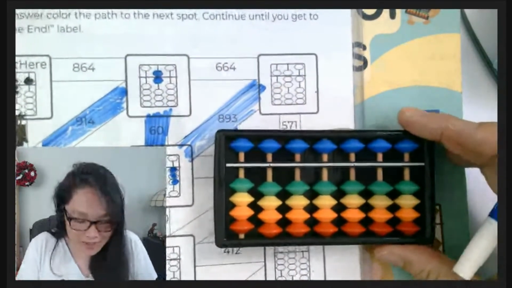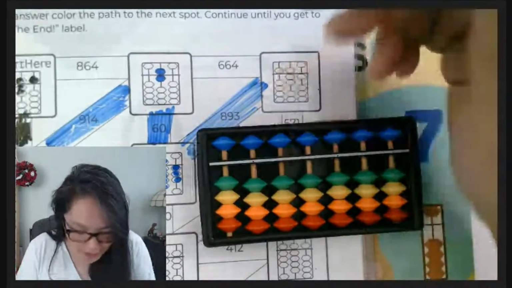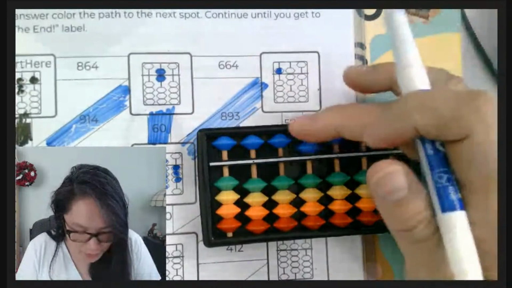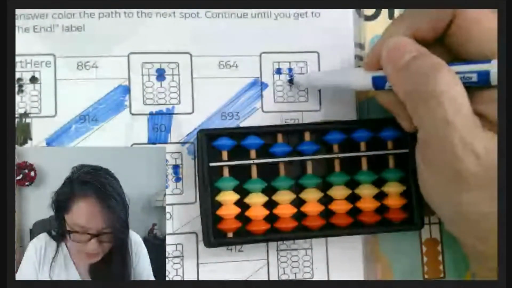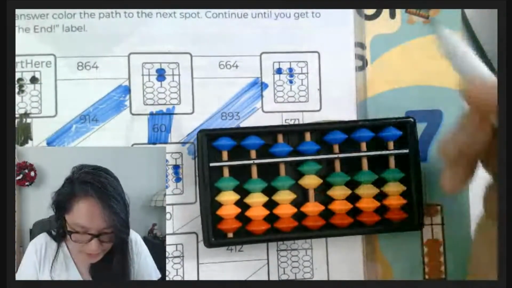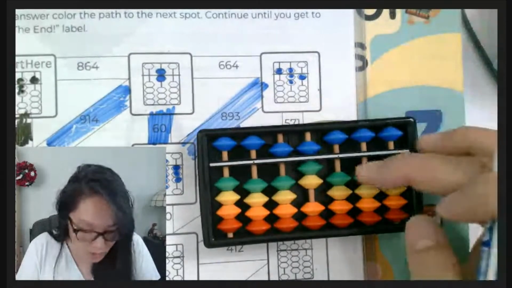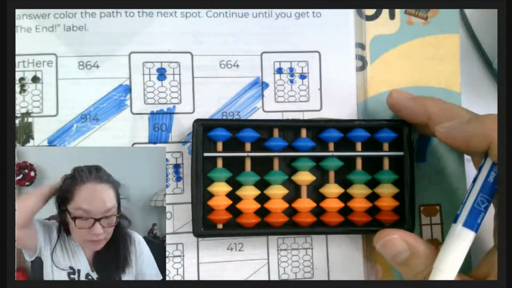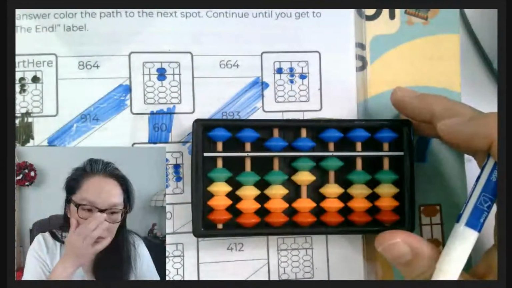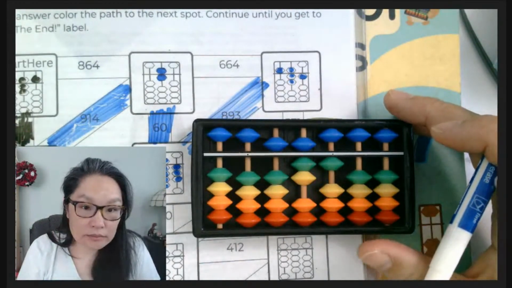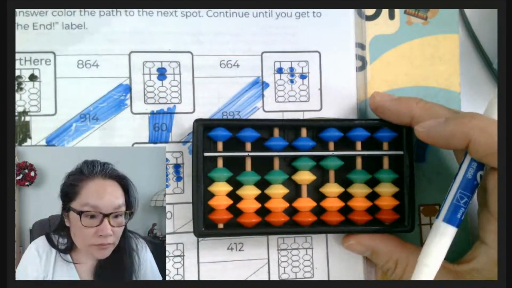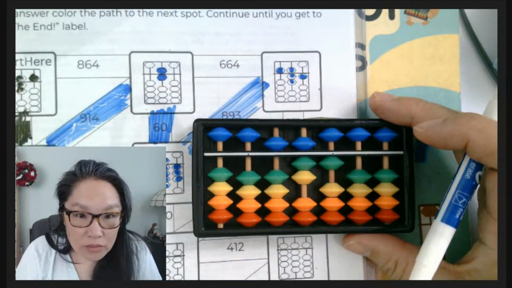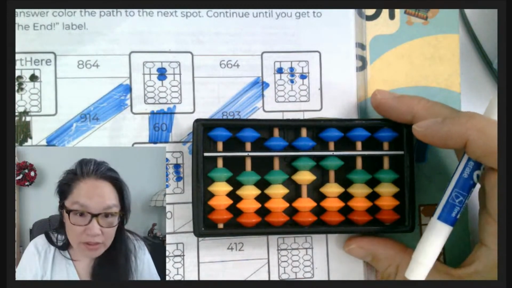All right. So we're doing this one. We have 5 up here. We have 5, 6, 7, and then we have 1. What number would that be? 571.